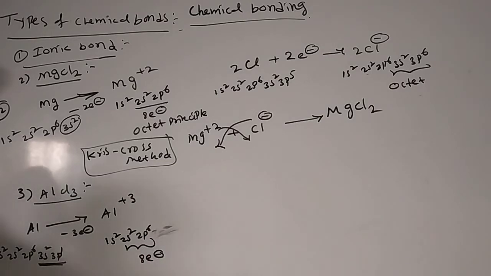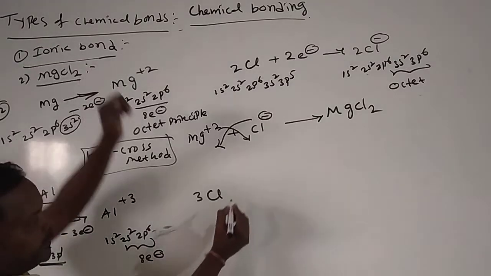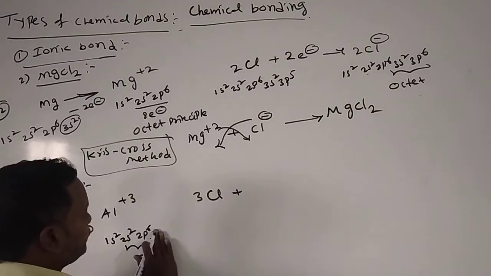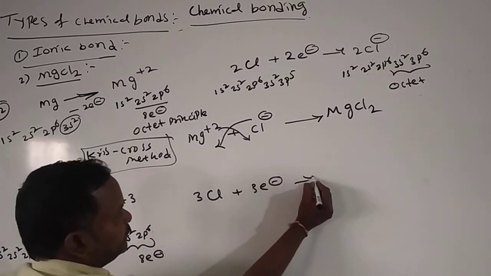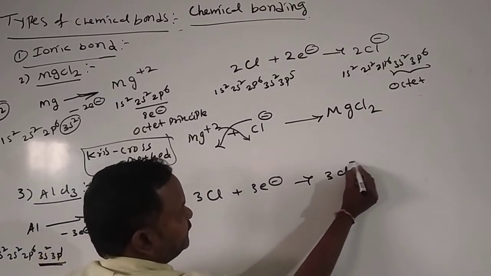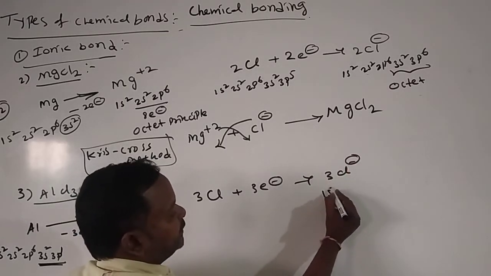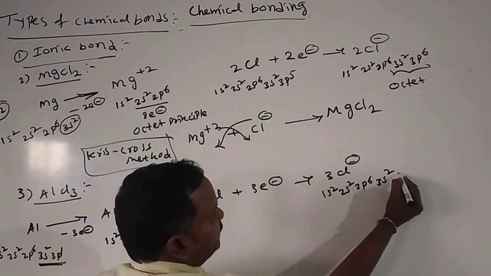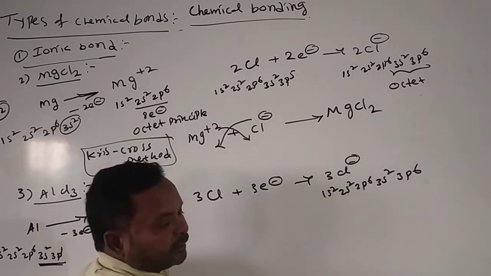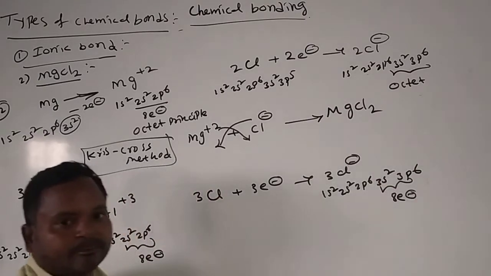So it is stable. Next, chloride. 3 chloride ions. 3 chlorines gain 3 electrons and form 3 Cl minus ions. Already we know it has the electronic configuration 1s2, 2s2, 2p6, 3s2, 3p6. It has 8 electrons in the outermost shell, so it is stable.